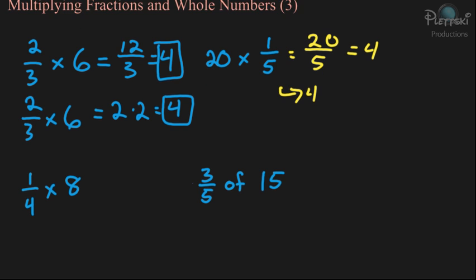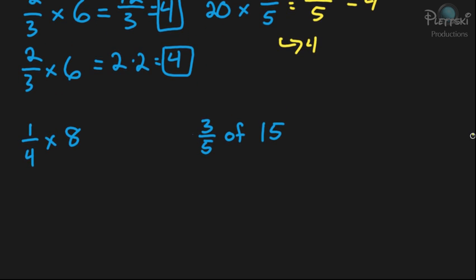Okay, let's take a look at 2 more examples. And let's say we want 2/4 times 8. Now I know 2/4 isn't simplified, but for this example we'll use it. 2/4 times 8. Well, you can divide the 8 by 4. 8 divided by 4 is 2, and then multiply it times the numerator, which will be 4.